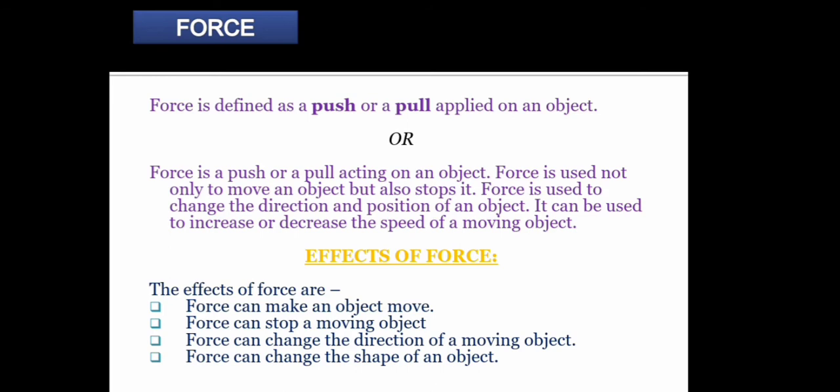Second, force can stop a moving object. A force acting on a moving object can slow it down or stop it completely if it is applied in the direction opposite to the direction of motion. For example, a goalkeeper uses his hand to stop a football from rolling into the net, right?